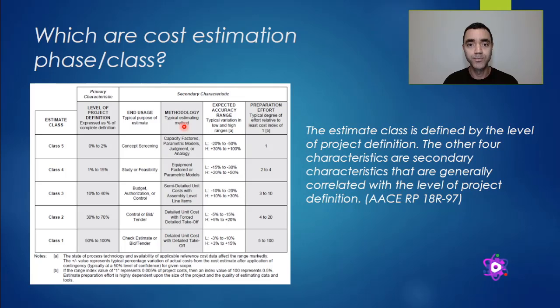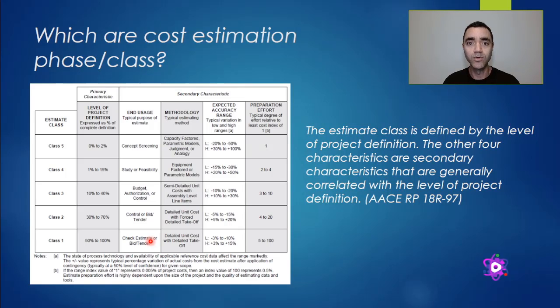As the project proceeds and we have more information and engineering documentation is issued during the project, we can have a higher accuracy in the cost estimation. So when we go from class 5 to class 1, we now have around 50% to 100% definition of the project.